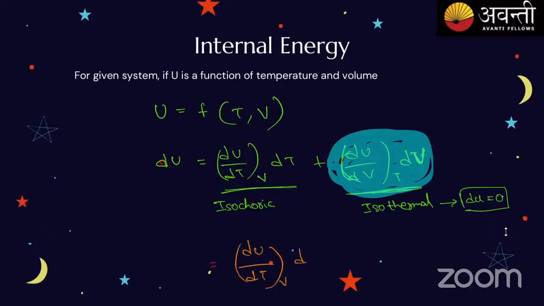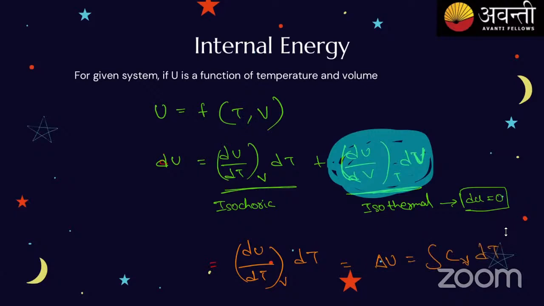If you want to write this, the change in internal energy is equal to the integration of Cv dT. Cv is the specific heat at constant volume. Clear, everyone?